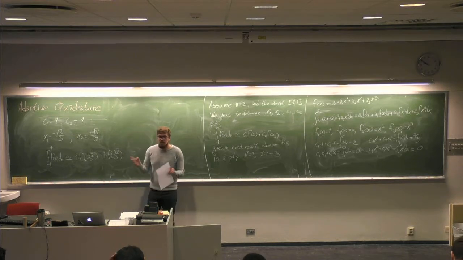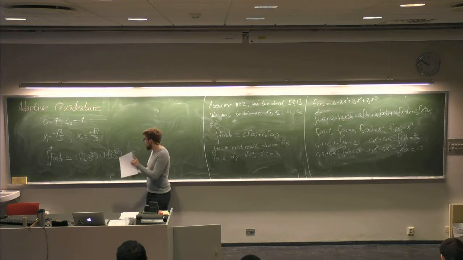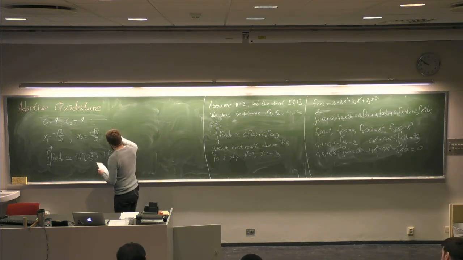So we are slightly shifting where we are evaluating the function. You certainly get a better degree of precision. DOP equals 3.